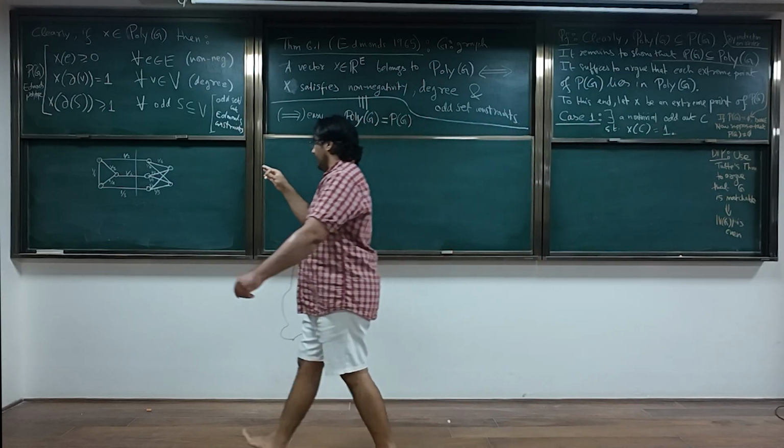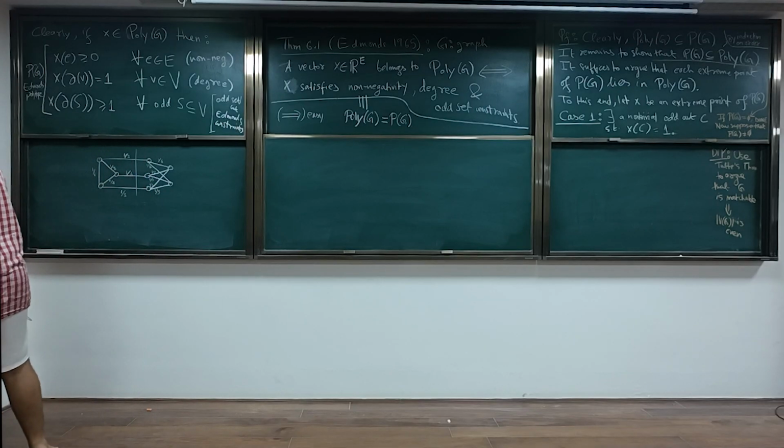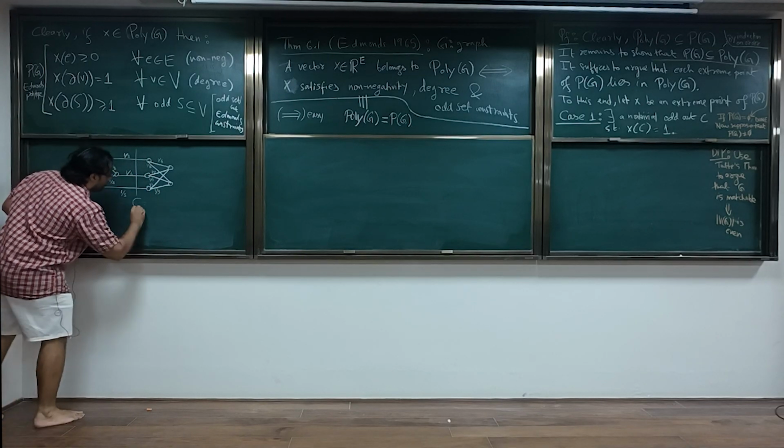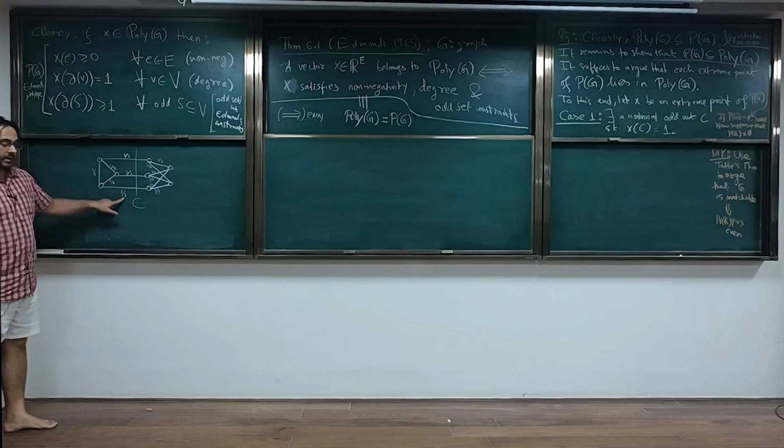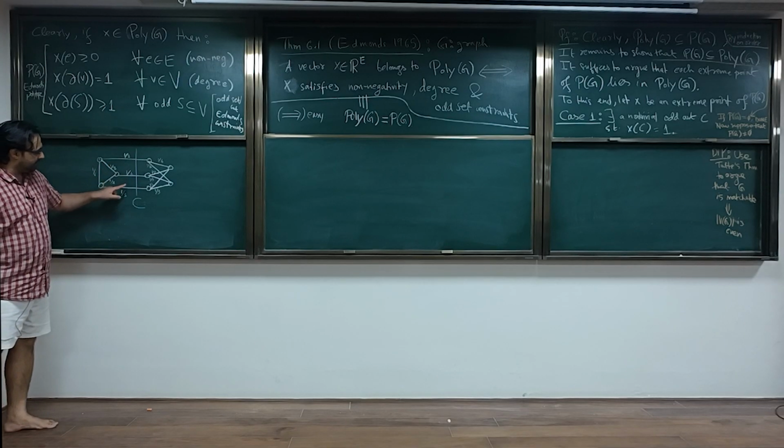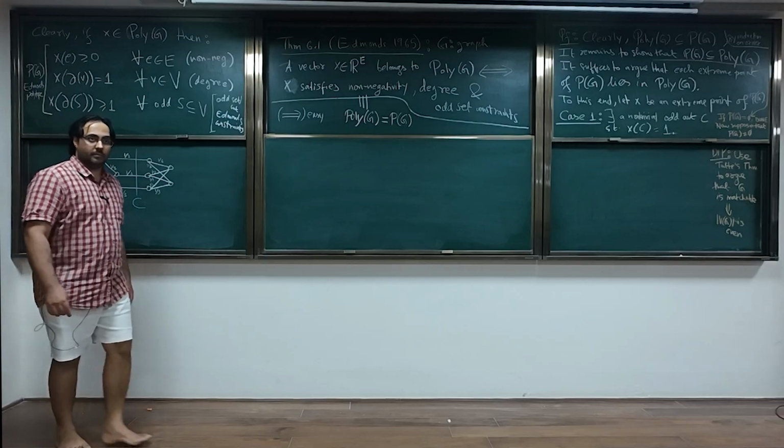That happens here. Here is a cut C, and the sum across this cut is half plus 1/6 plus 1/3, which equals 1.